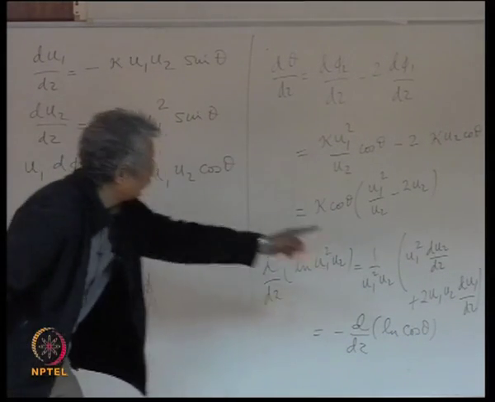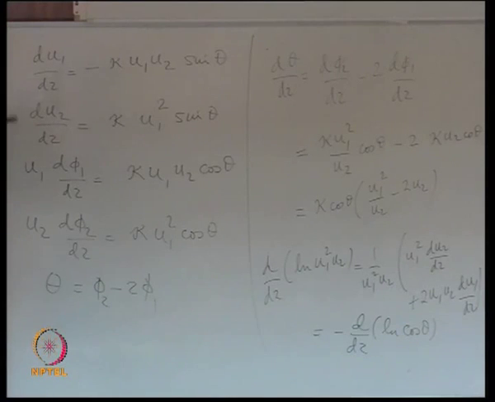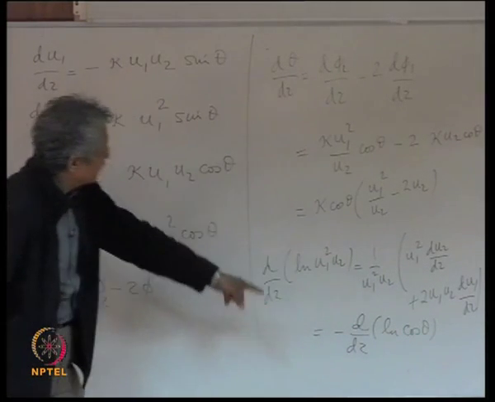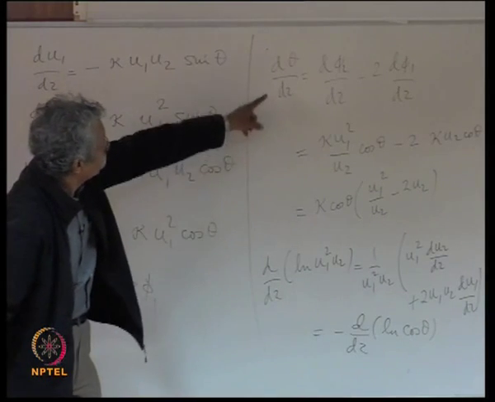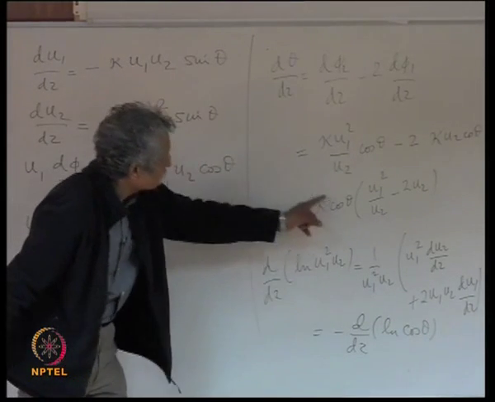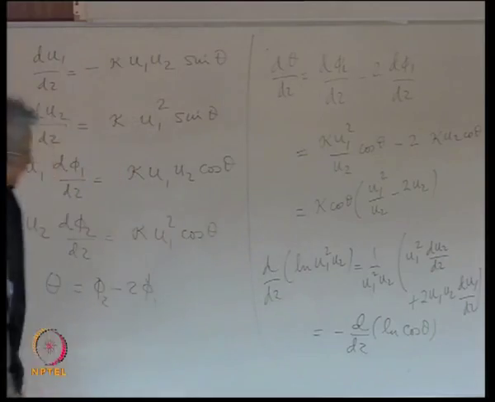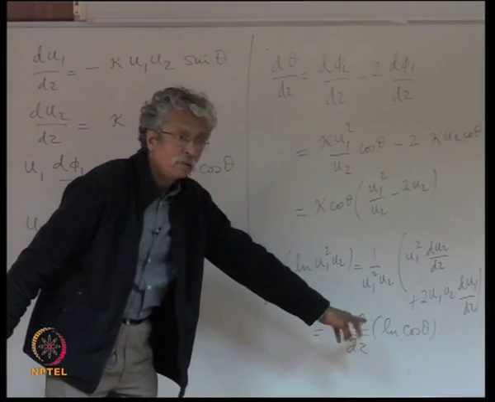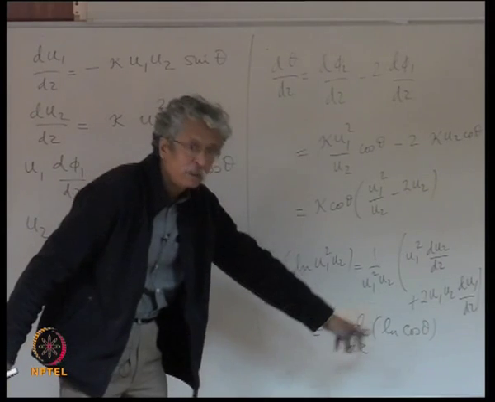If you substitute for du2 by dz and du1 by dz here, you will see that the right hand side is essentially related to d cos theta by dz. This is actually minus 1 by cos theta into minus sin theta d theta by dz.